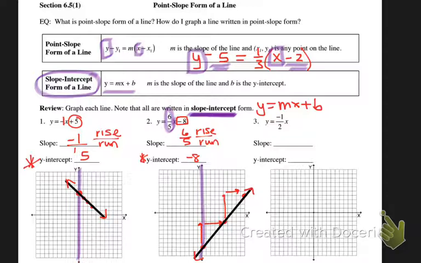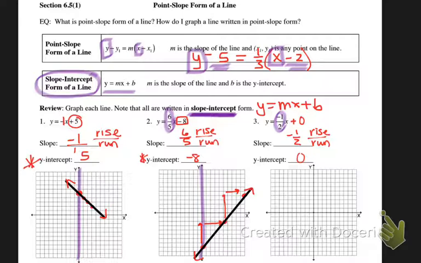And the last one. So our slope is with the x. So our slope is -1 over 2. So our rise is actually down 1, and our run is over 2. The y-intercept, well, it's like a +0. So our y-intercept is 0. It's not none, it's going to be 0.